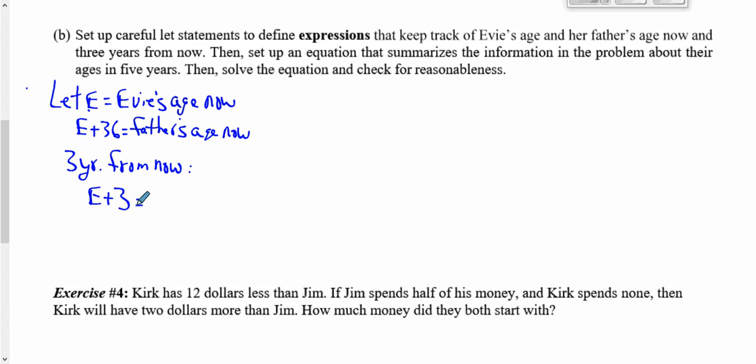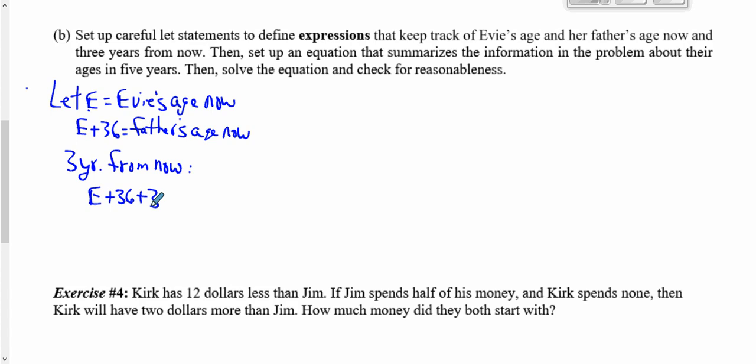Yeah, we should start with the father. I'm sorry, scratch that. So her father is E plus 36, right? So in 3 years, he will be her current age plus 36 plus another 3, right? And we're putting the plus 3 in here, but that's because her age is going to be plus 3 as well.